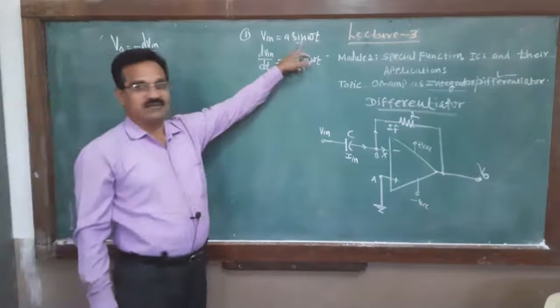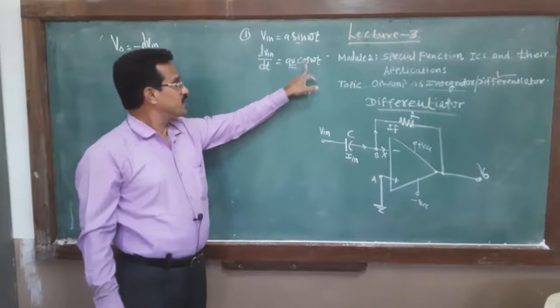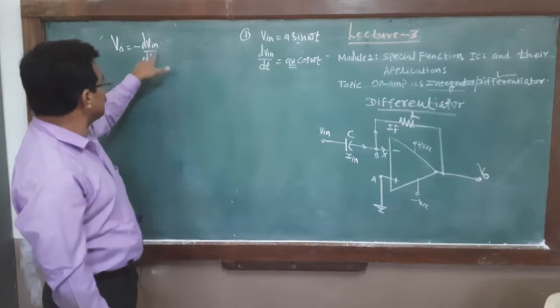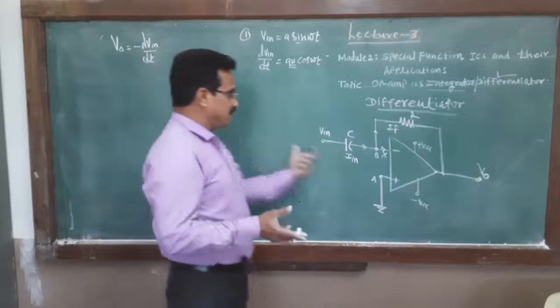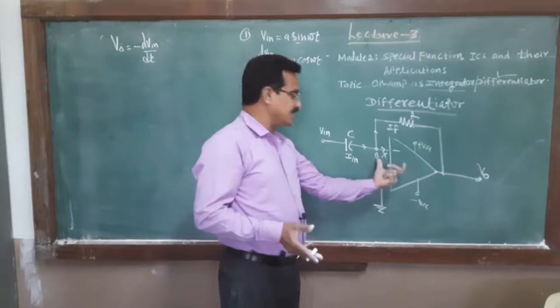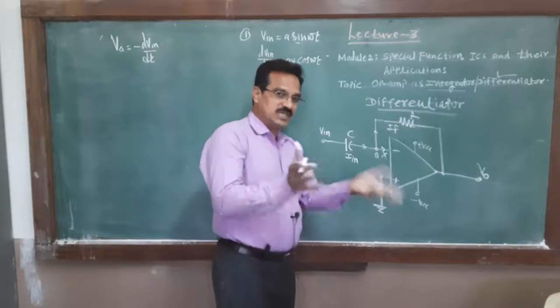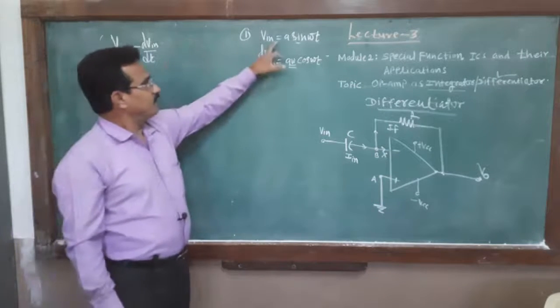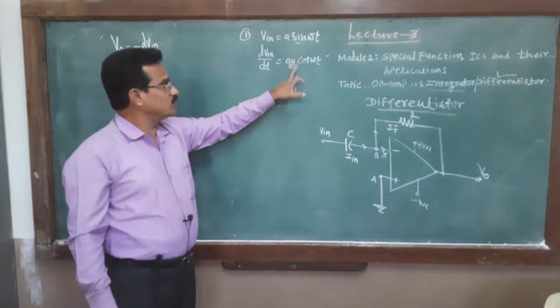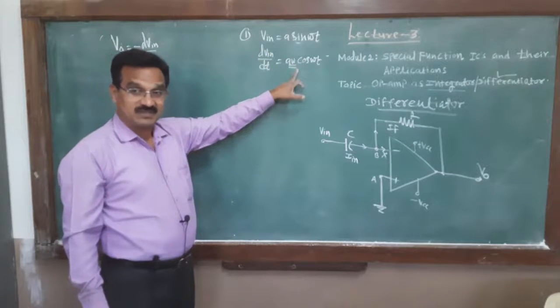When the input is a sine wave, the output is a cosine wave, because the output is the derivative of the input, but with a negative sign. Why this negative sign? Because this operational amplifier is connected in inverting mode, so there is a phase shift of 180 degrees. Remember that when the input is a sine wave, the output is a cosine wave.